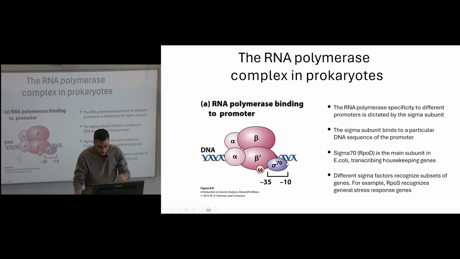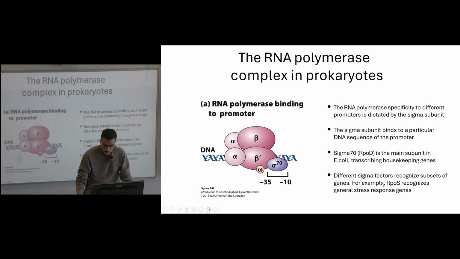For example, the sigma 70, it binds to housekeeping genes. So these are like necessary genes for the organism, okay? Like these ones are always present, always transcribed and expressed. And this is called RPOD, different name for sigma 70.